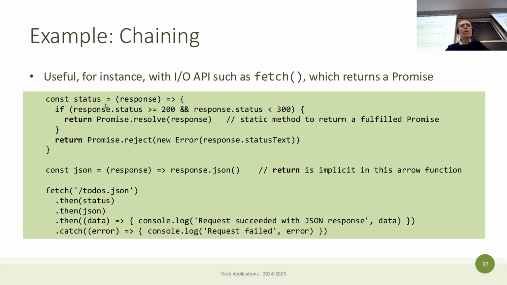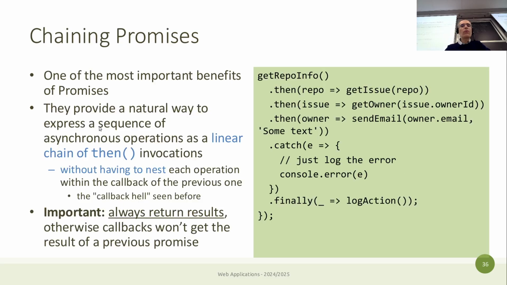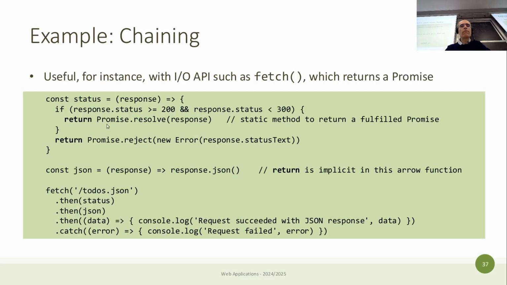Actually, I mean, if you return a promise, you already solved the problem of the next .then. Okay? That's already a promise. If you return a value, this value is simply passed as the value of the fulfilled promise to the next .then in the chain.